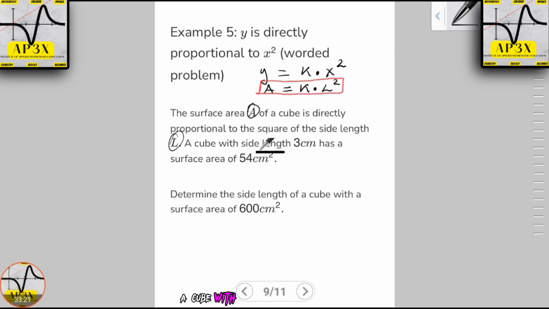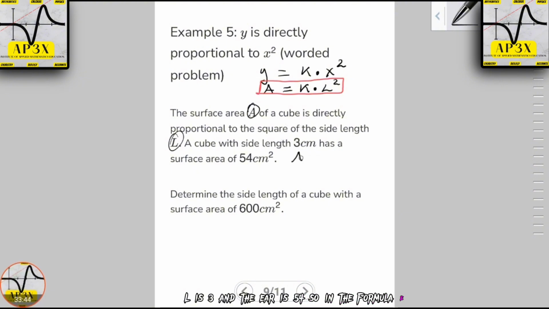A cube with side length 3 has a surface area of 54. So the side length is 3. So L is 3 and the area is 54.